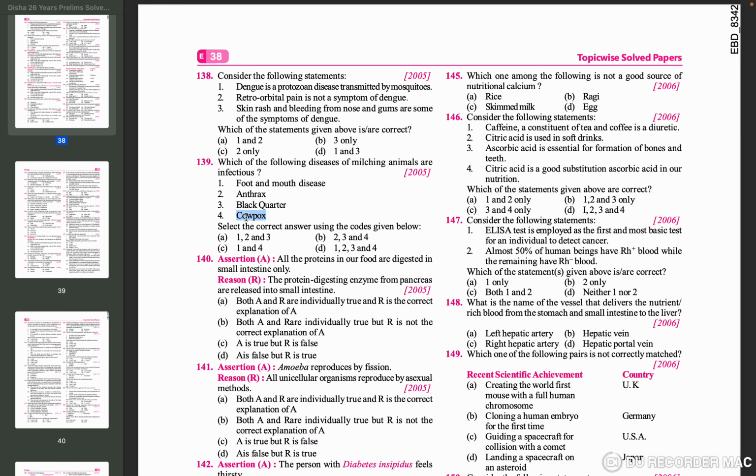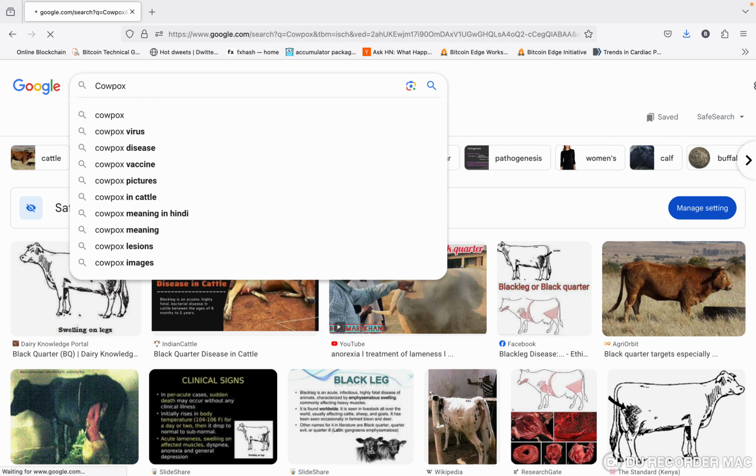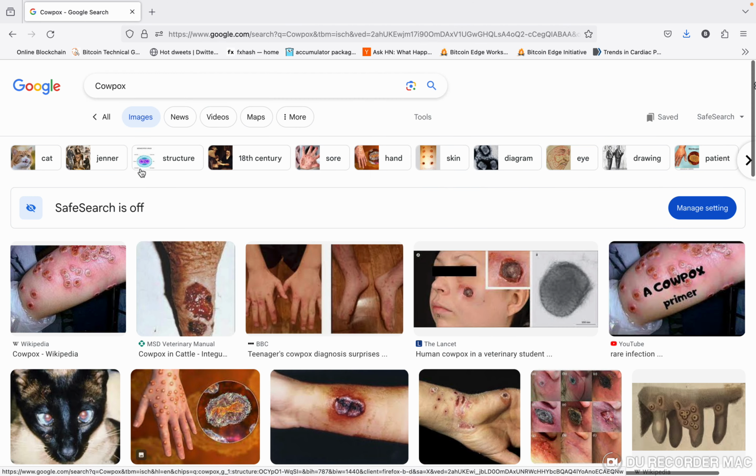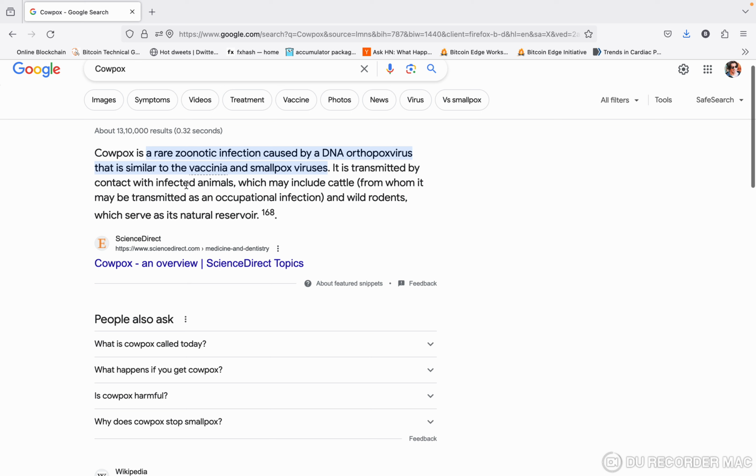Cowpox. Cowpox is a virus whose DNA is similar to the vaccine, the smallpox virus, transmitted by contact with an infected animal. Okay, it is spread from cows.